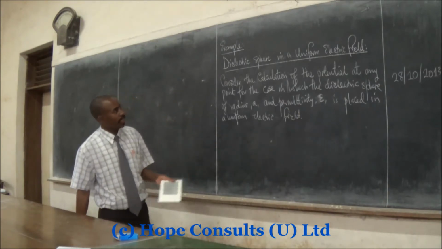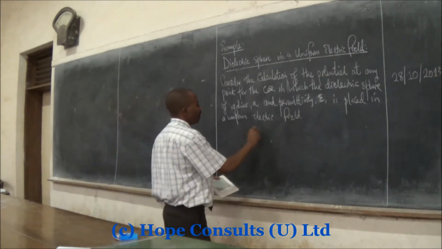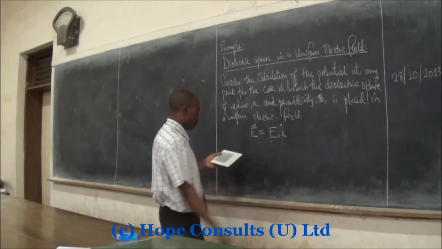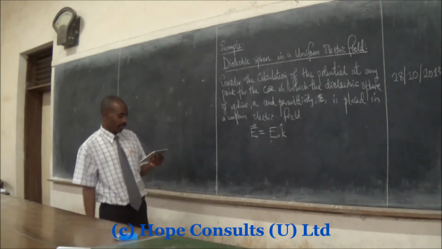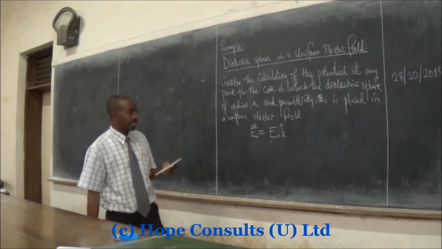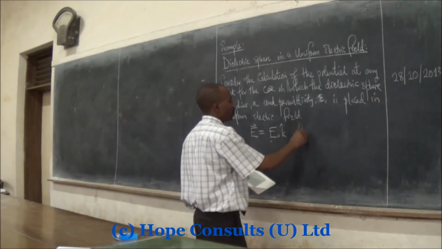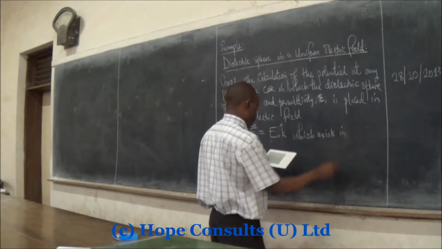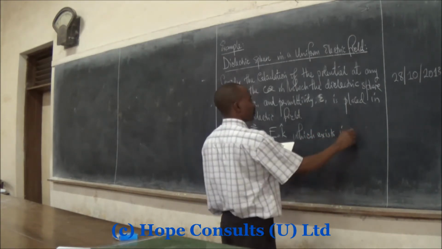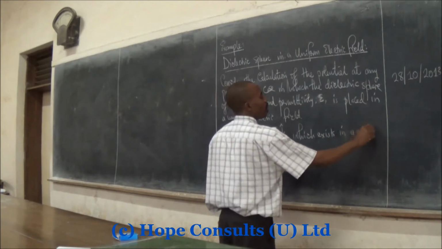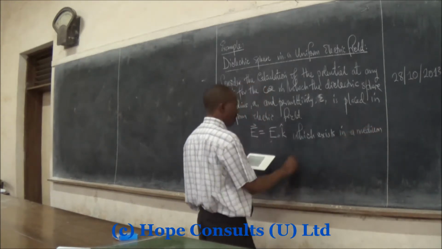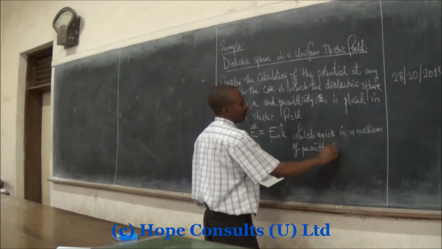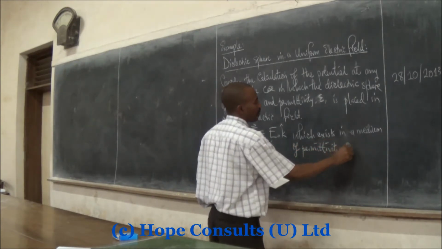So let's have this field E equal to E naught K, along the Z axis, which exists in free space, in a medium of permittivity epsilon naught.